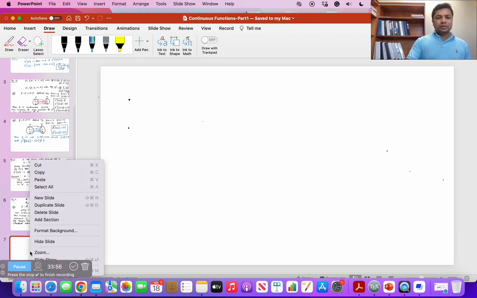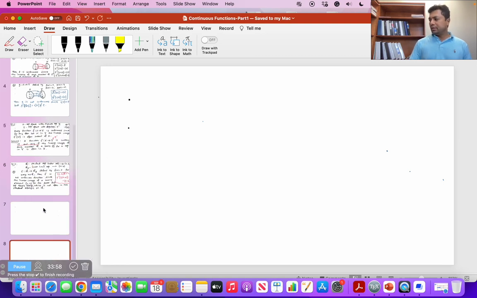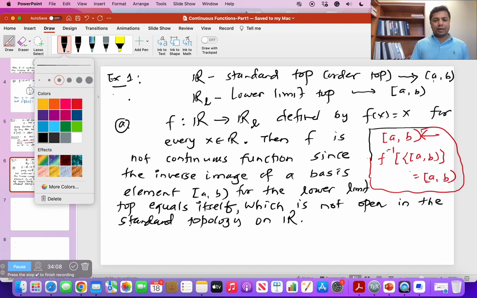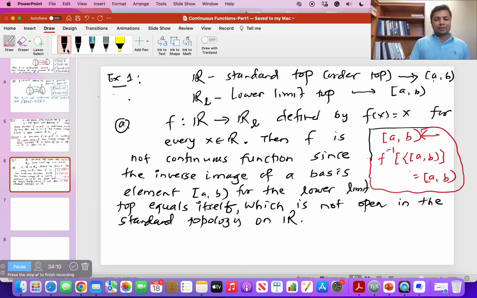Okay, now in this example, you can see our function is from the standard topology to the lower limit topology. Now let's flip it and define the function like that.